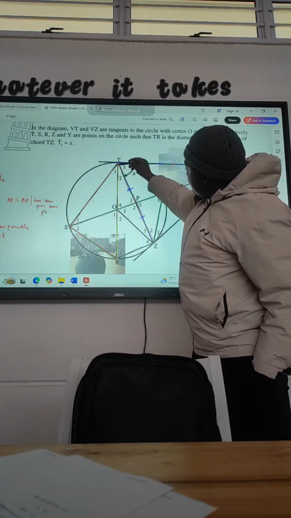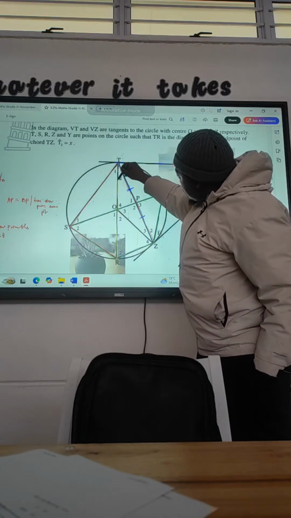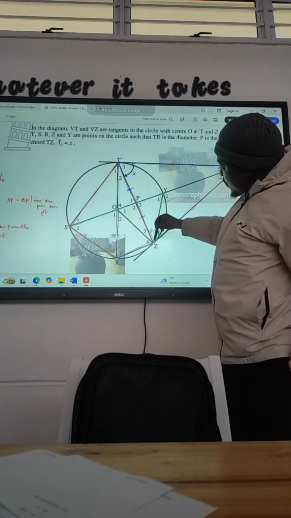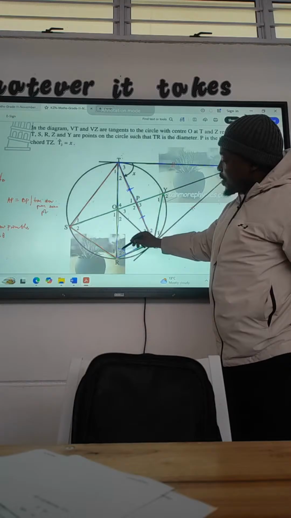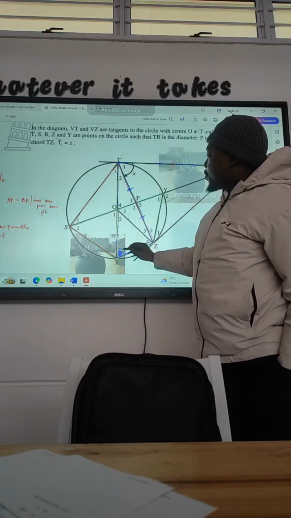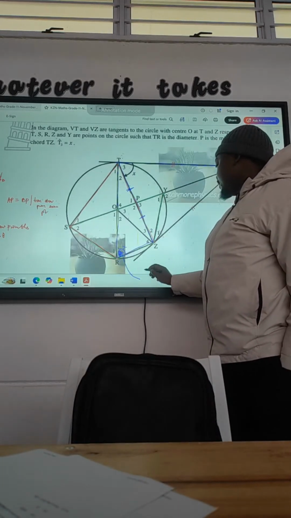We're looking for an angle that's subtended by this chord, and that angle is this one. Do you see it? So this will be X. And then why is it X?